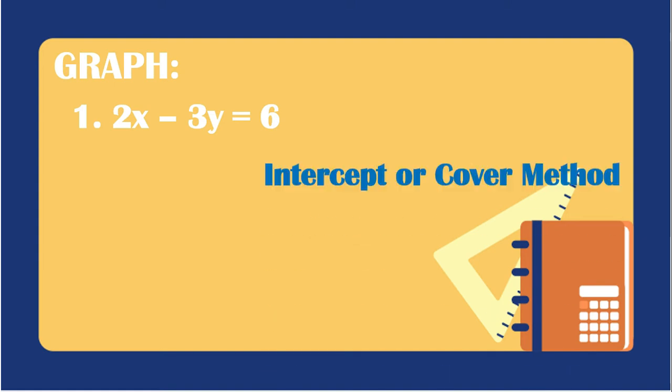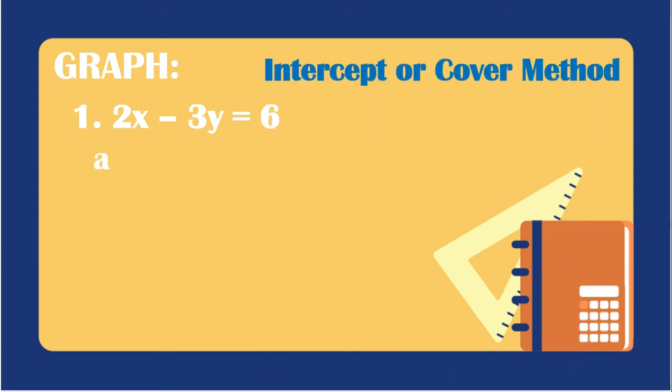Now let us graph. So we have 2x minus 3y is equal to 6. This is just a recall of the first quarter. So we will use the intercept or cover method. We need to find the value of the x-intercept, which is a. If we are looking for a, y is always 0.